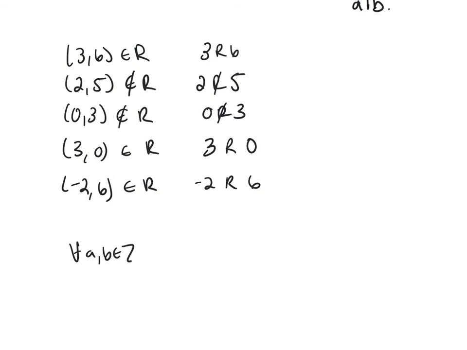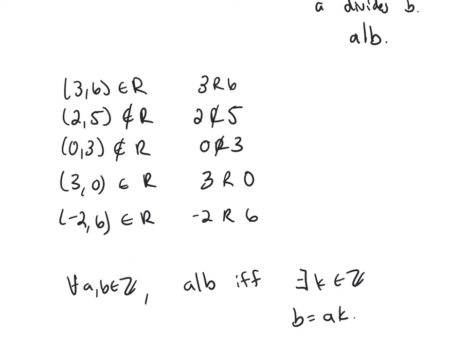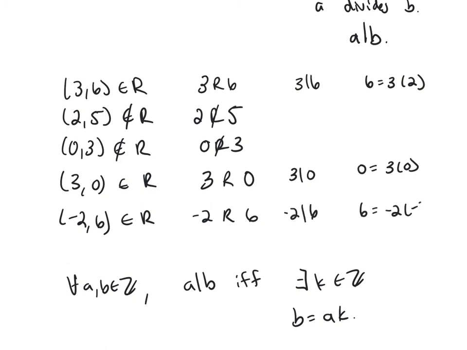For all a, b in Z, a divides b if and only if there exists a k in Z such that b equals a times k. So up here, 3 divides 6 because 6 is 3 times 2. 3 divides 0 because 0 equals 3 times 0. And -2 divides 6 because 6 equals -2 times -3.